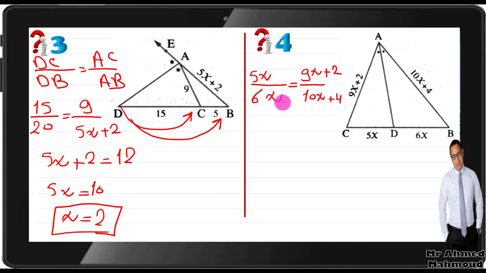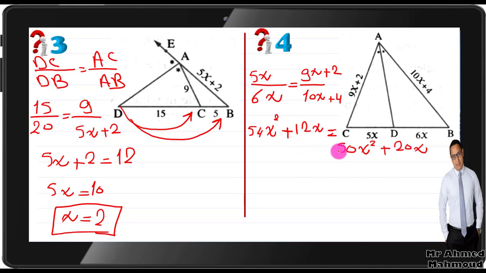Cross multiplication. 9 times 6 equals 54x squared, 6x times 2 equals positive 12x, 5 times 10 equals 50x squared, and 5x times 4 equals positive 20x.